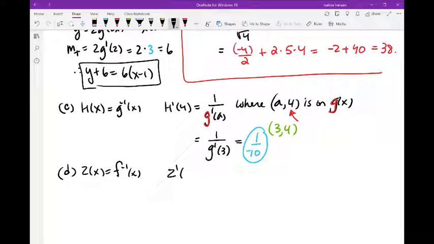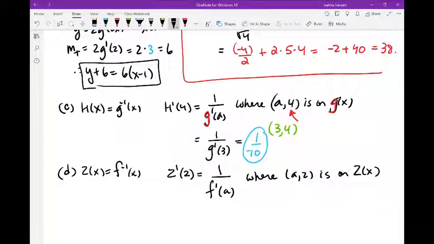Z prime of 2 is going to be 1 over f prime of a, where a comma 2 is on z of x. So again, we're going to look at our table, and what we're looking for is a y value of 2 on my f function this time.